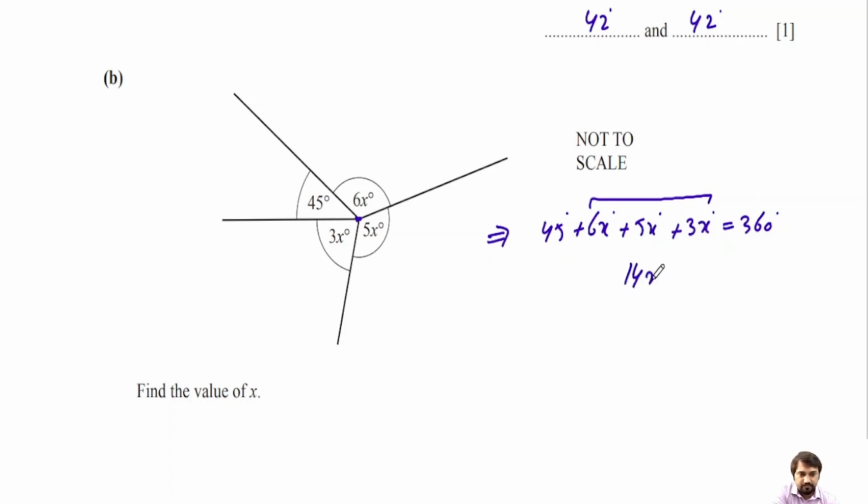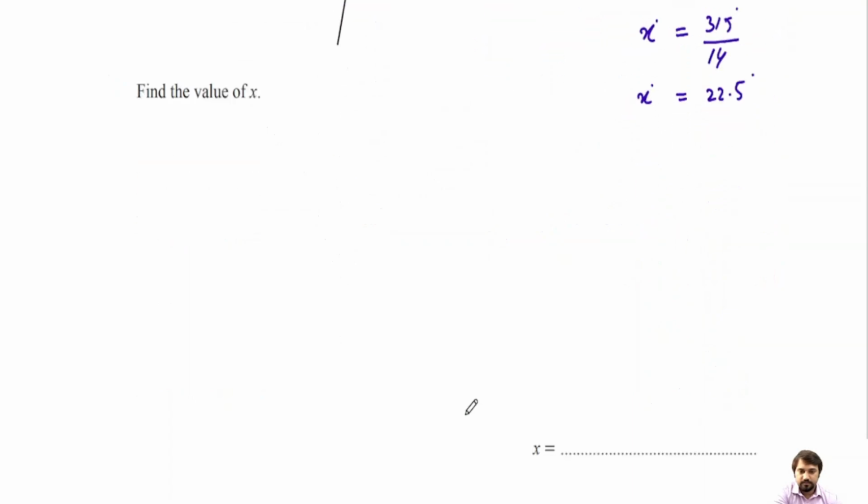So 14x degree is equal to 360 degree minus 45 degree. So x degree is equal to 360 minus 45, that is 315 degree divided by 14. When you calculate, you will get 22.5 degree. So here we have the answer, 22.5 degree.